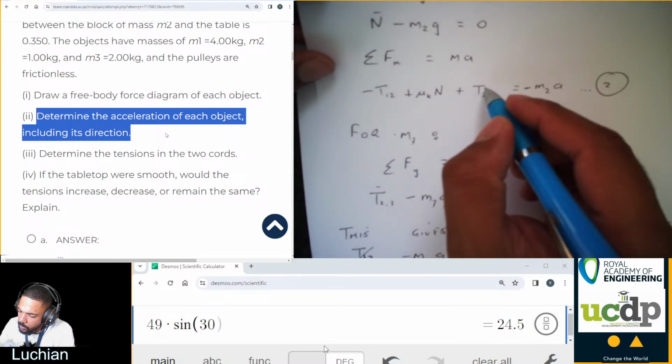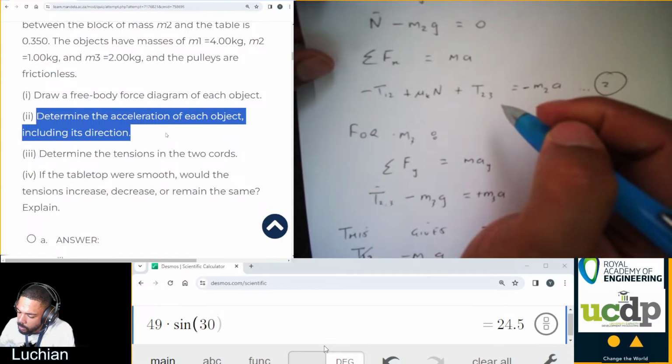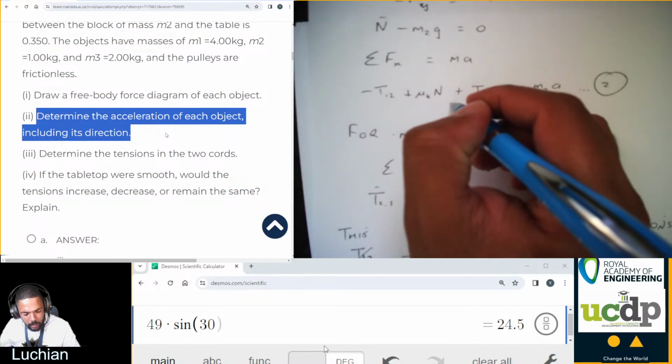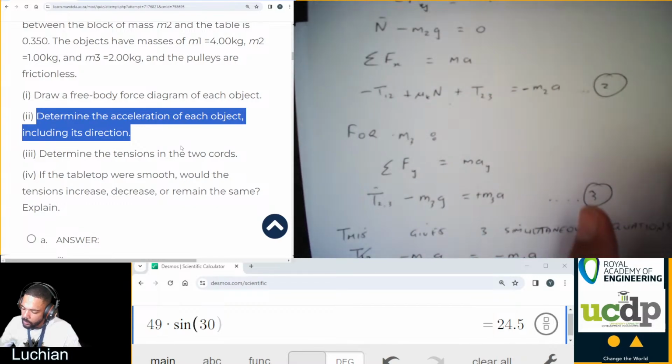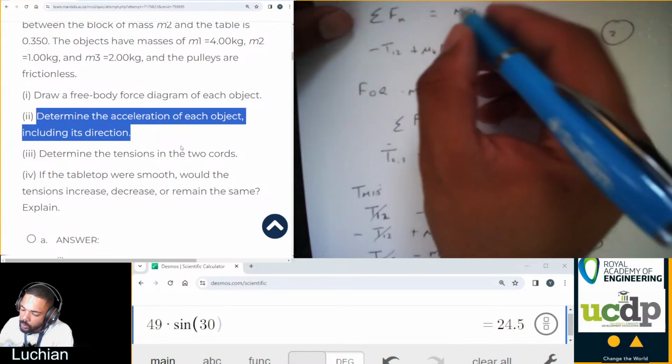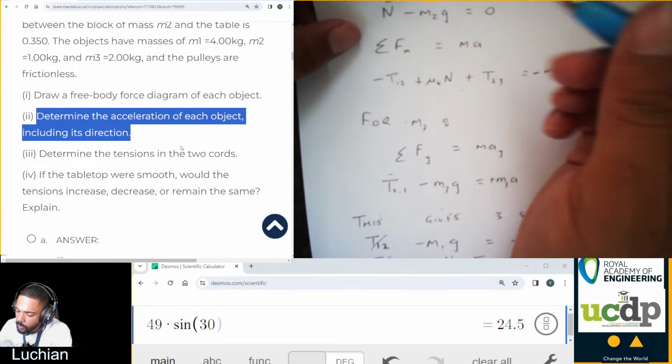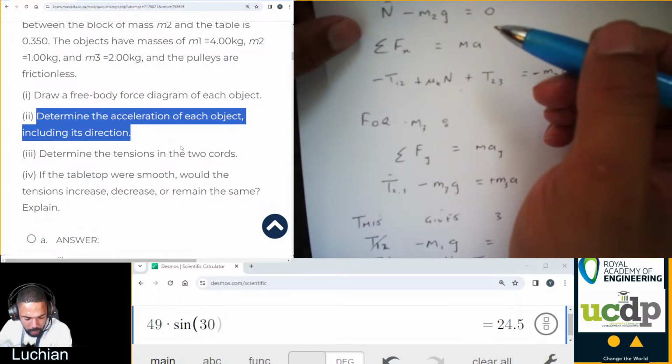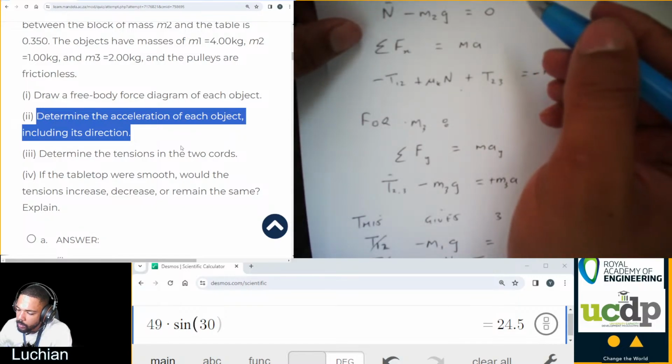That is going negative. Wait, I need to choose. One of them is positive. Choose upwards as positive. That one is negative. So that way is positive.